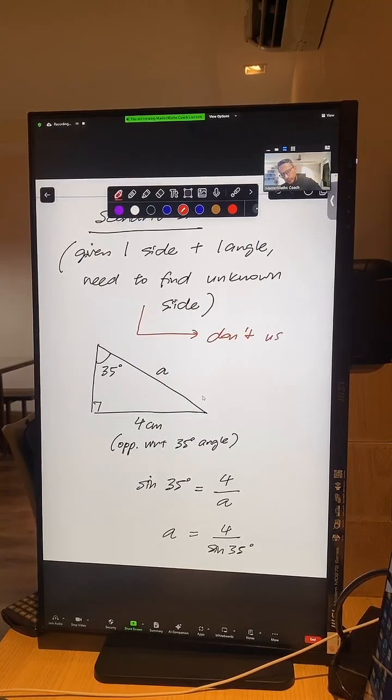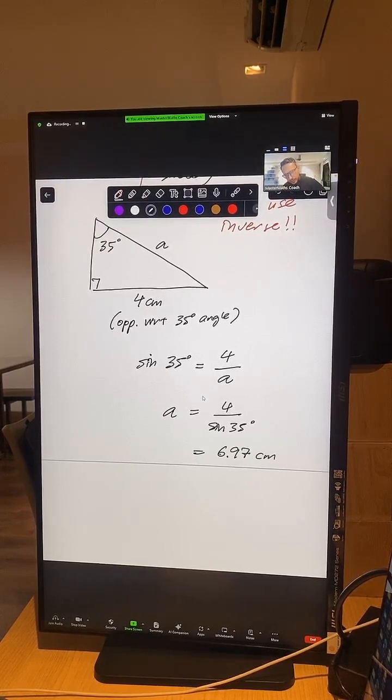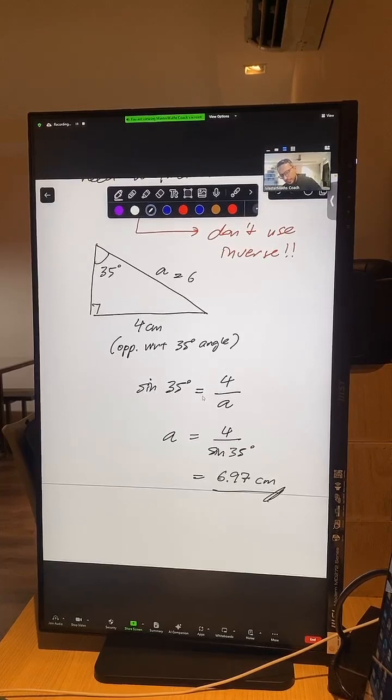Okay. So here we will take 4 divide by sine 35. We get 6.97 cm. Okay, so my A is 6.97 cm.